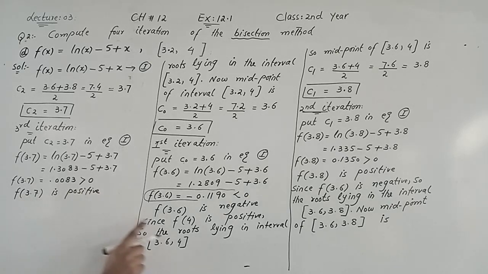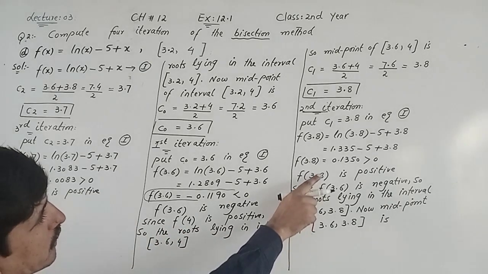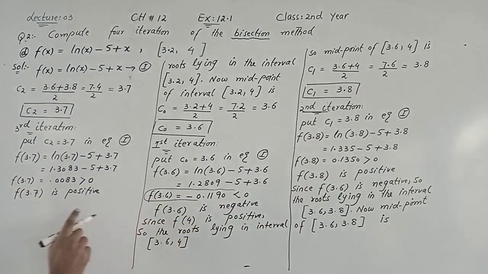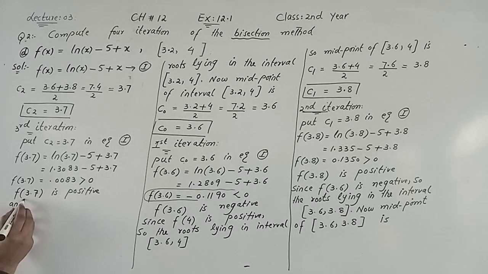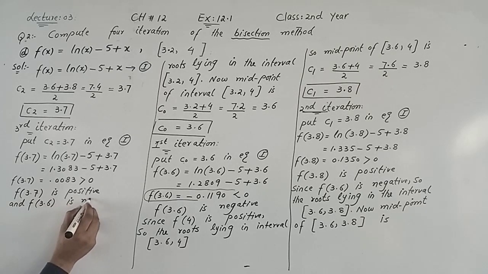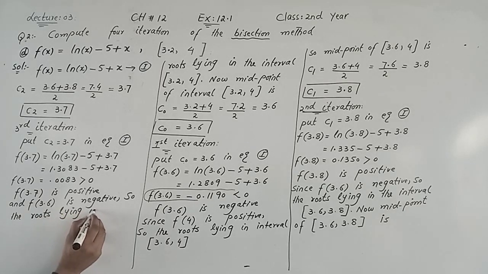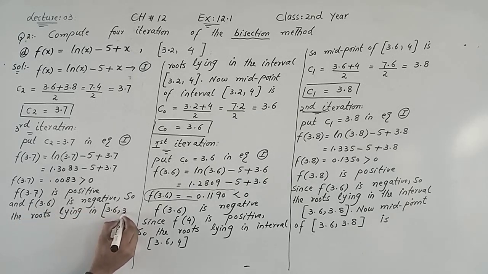Since, नेगेटिव कहाँ पे है वो हमारे पास है 3.6 पे and f(3.6) is negative, so the root lies in the interval 3.6 to 3.7.